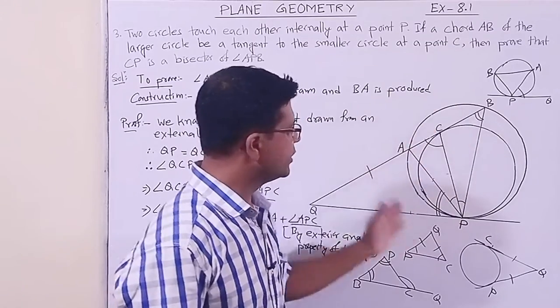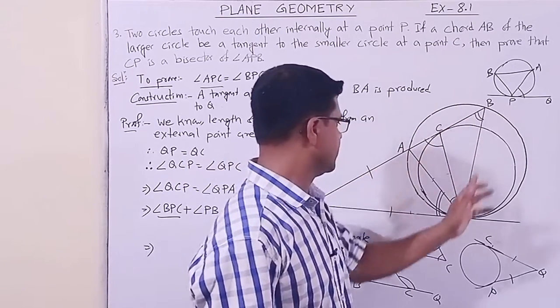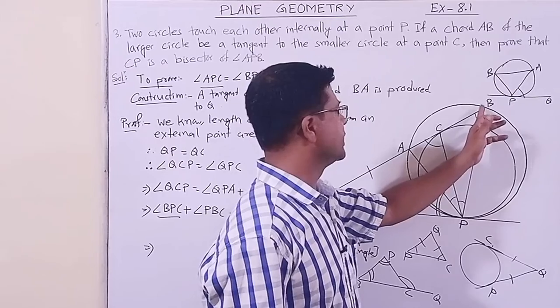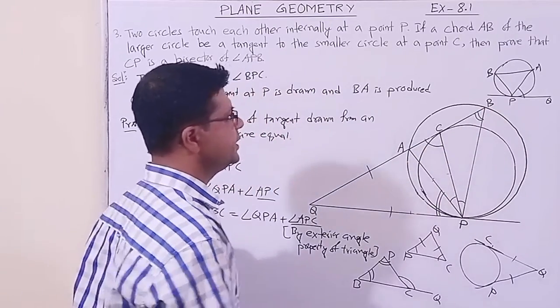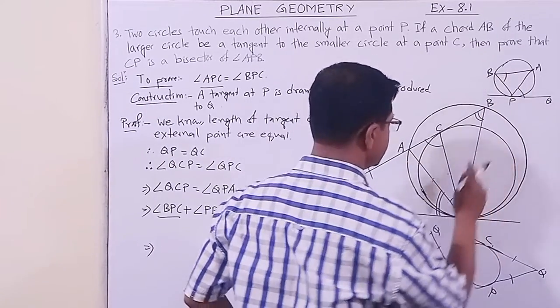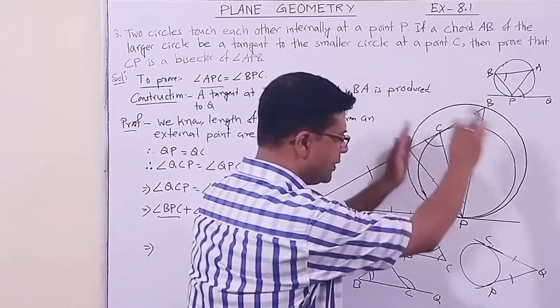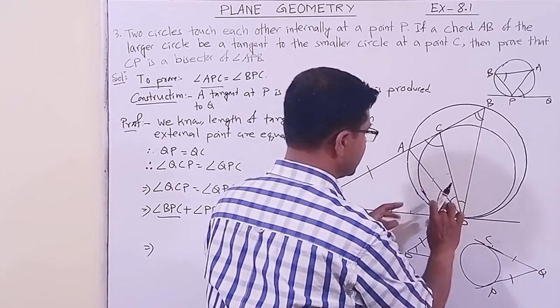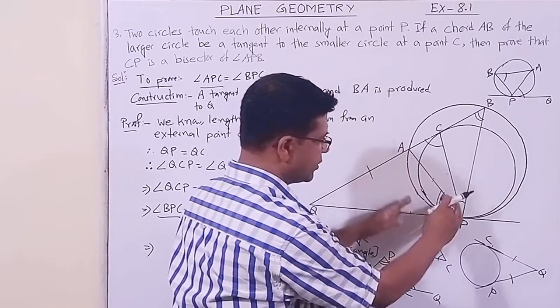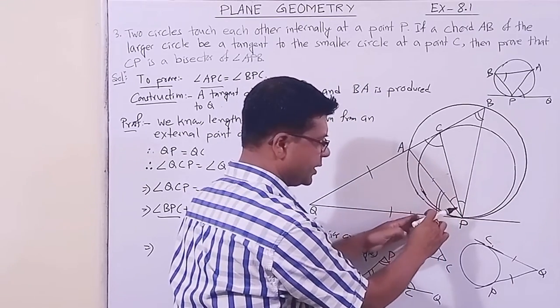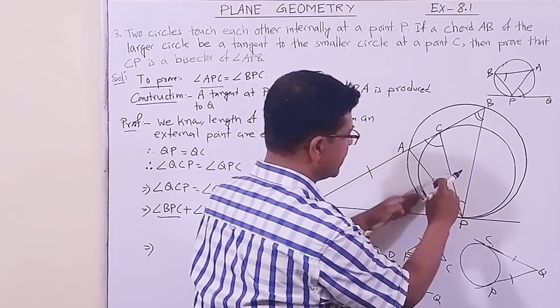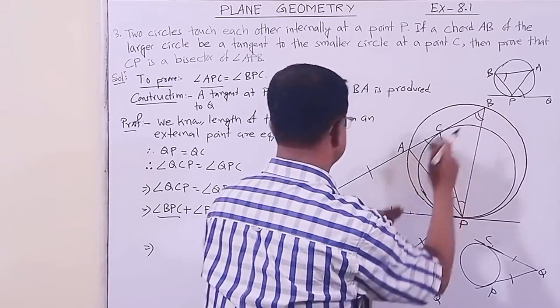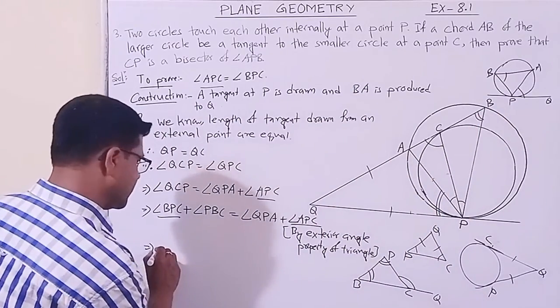We are concentrating on the larger one, PA, and the opposite angle is B. So this angle equals this angle. By the alternate segment theorem, the angle formed by the chord and the tangent is equal to the angle in the alternate segment.